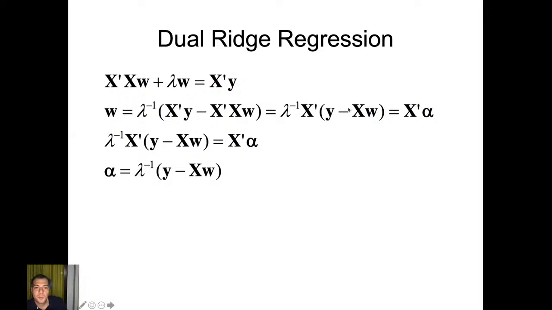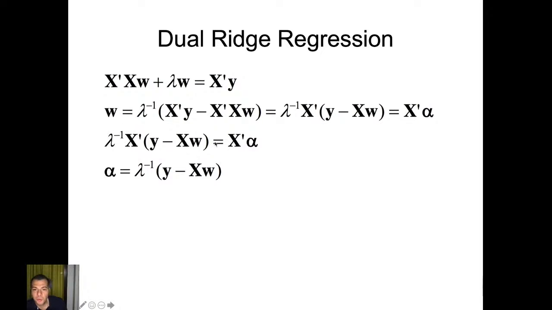At this point, we also recall that the relation between w and the dual weights is w equal to x transpose alpha. So we use this equation here, and then we take these terms down here to extract alpha from it. This is just a rewriting of these left and right terms, and then alpha is equal to this equation.